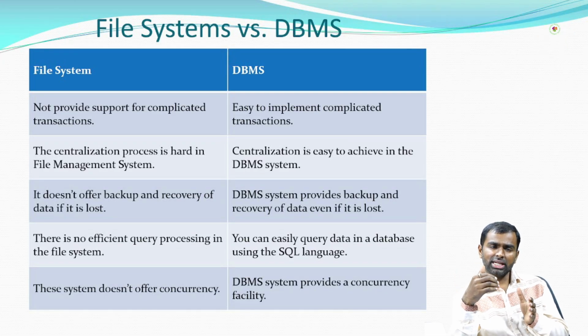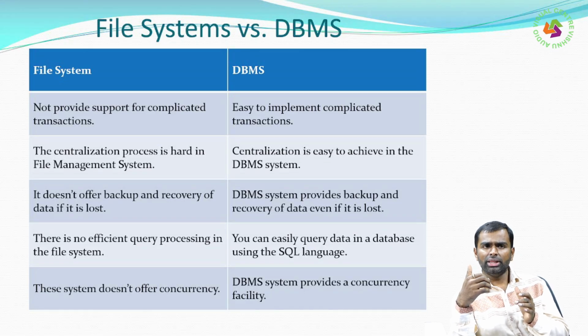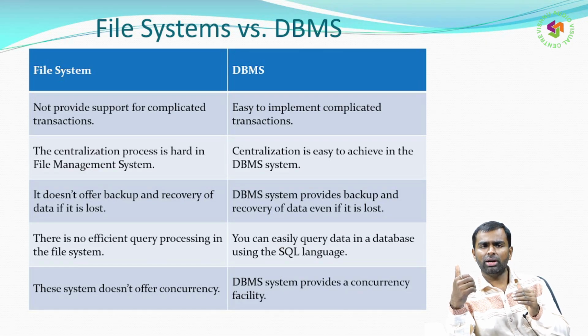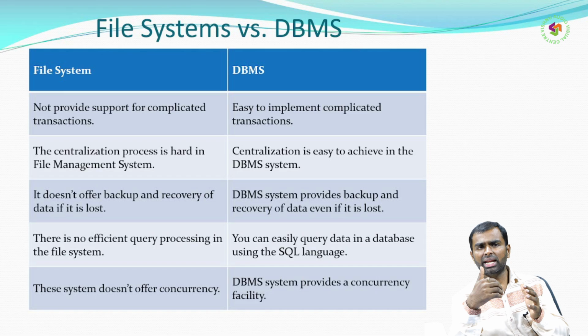When one transaction has to wait some time, the system will go to the second transaction. Meanwhile, when the first transaction's request comes again, it will go back to the first transaction, like that.